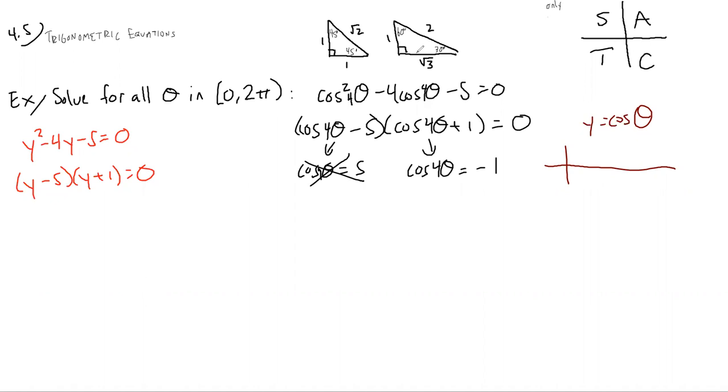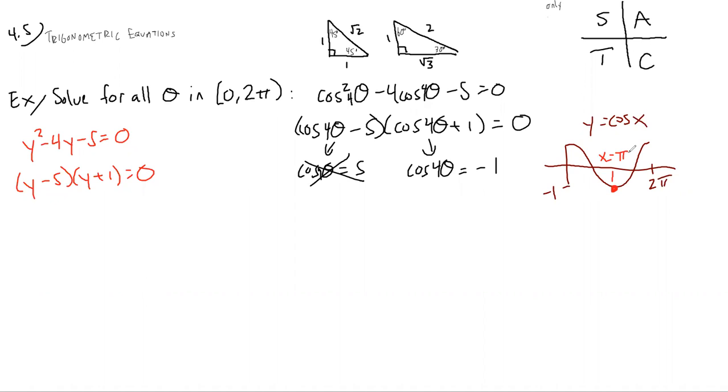Okay, so I am actually going to look at y equals cos x specifically. And we know that that graph looks like this between 0 and 2 pi. And so my -1 is down at the bottom there, which occurs at x equals pi.